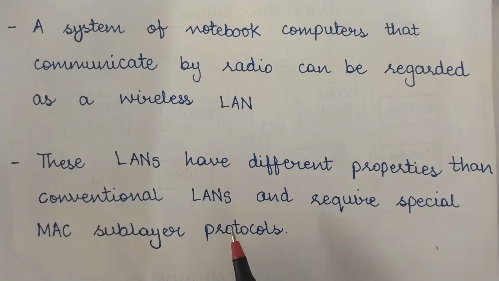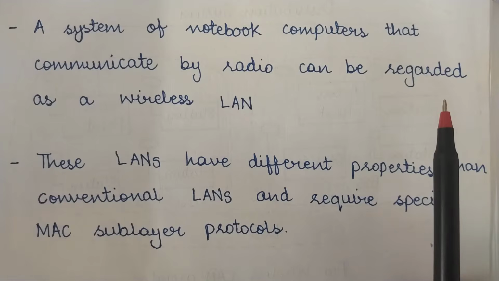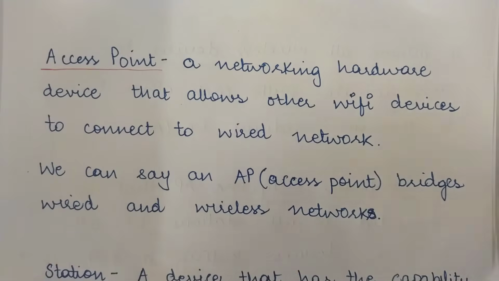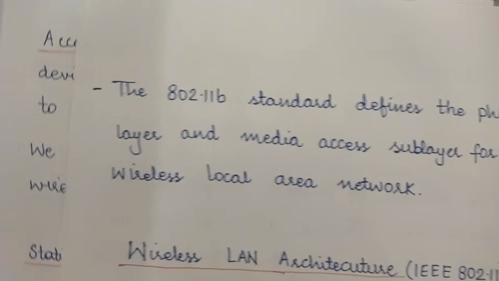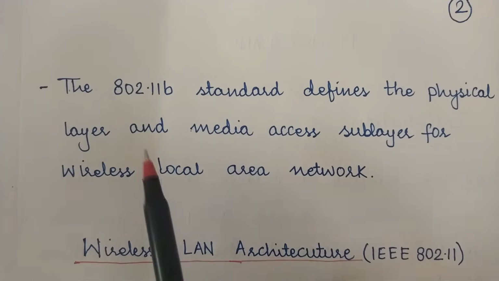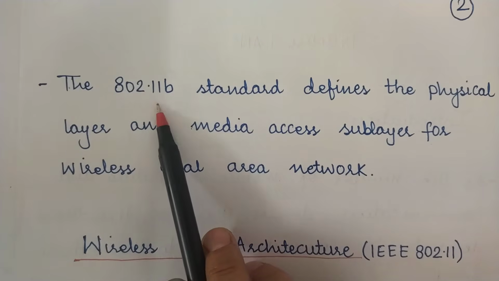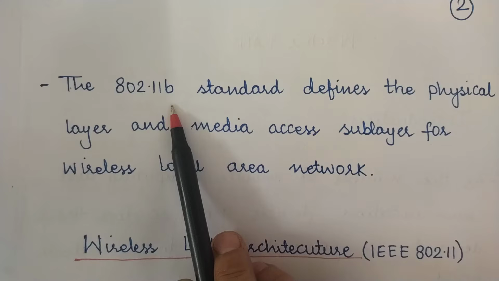So we have studied the wired LANs, but the wireless LANs are different from the conventional wired LANs and they require special MAC sublayer protocols. The standard for the wireless LANs is known as 802.11b by the IEEE community.